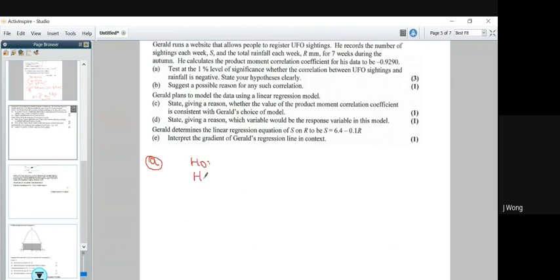He records the number of sightings each week and the total rainfall each week in terms of R. And for 7 weeks during the autumn, he calculates the PMCC for his data to be negative 0.9290. So part A, they want to test at a 1% significance level whether the correlation between the UFO sightings and rainfall is negative. State your hypotheses clearly.